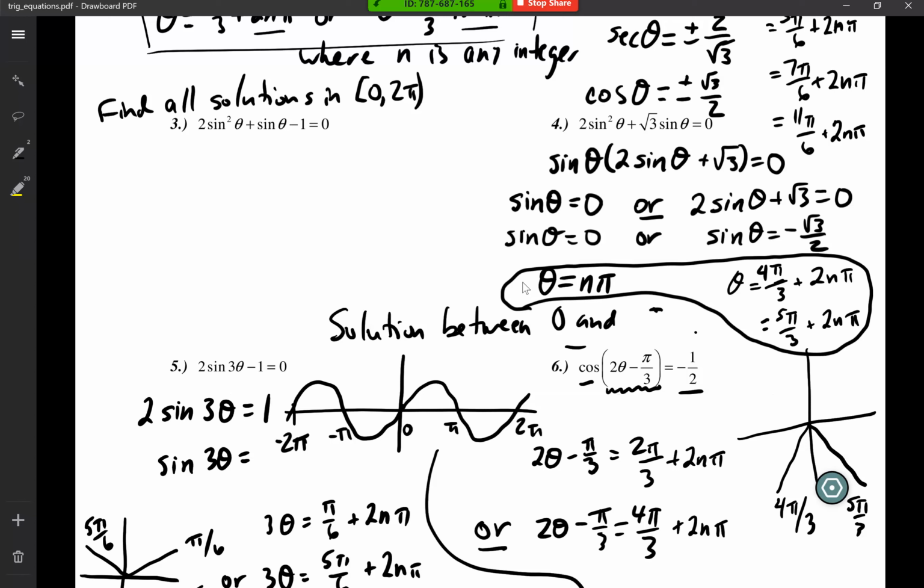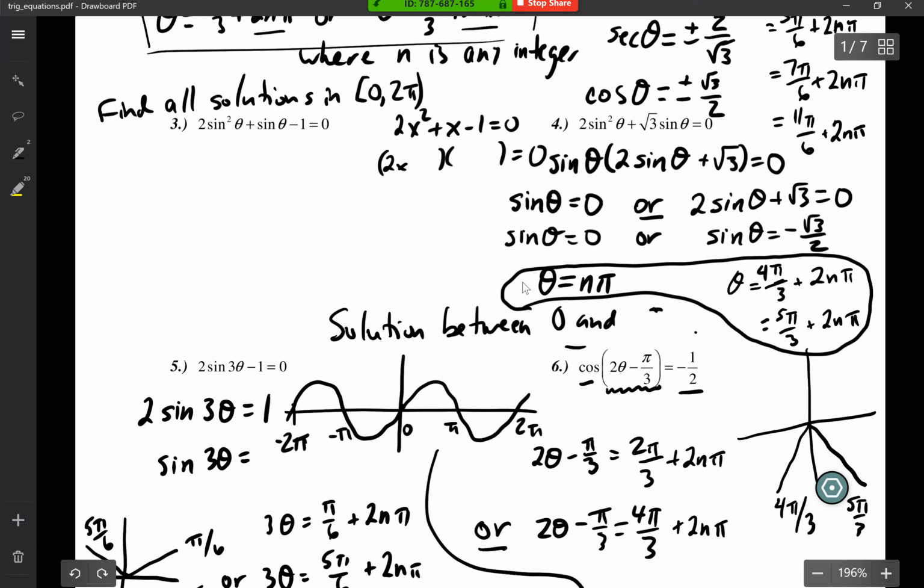Okay. So let's go to number 3 here, because this is another factoring one. So we've got 2 sine squared theta plus sine theta minus 1 equals 0. If this weren't sine theta and sine squared theta, if you had, say, 2x squared plus x minus 1 equals 0, if I think about this off to the side, I would want to try to factor this into 2 binomials.